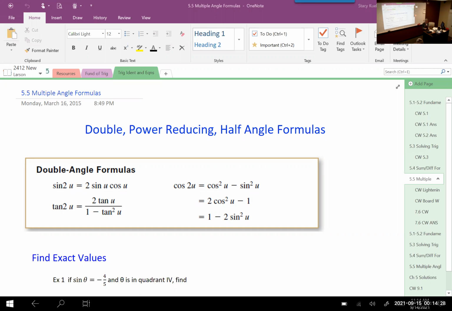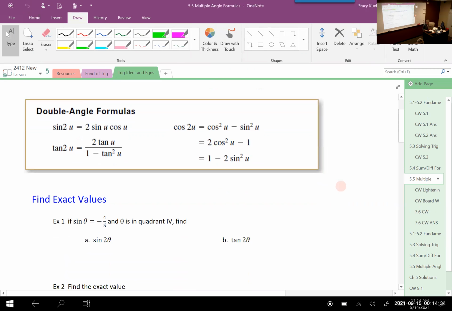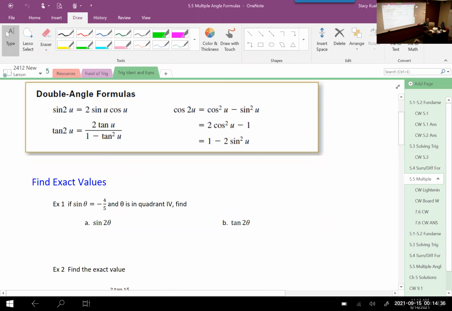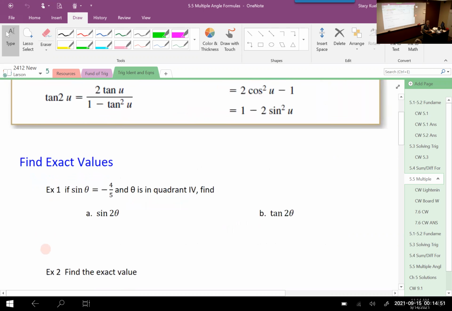Okay, so the double angle formulas that we have here, we're going to use them with sine and tangent. I'm going to find the double angle of sine and the double angle of tangent. If I know sine theta is equal to -4/5, I know theta is in quadrant 4.